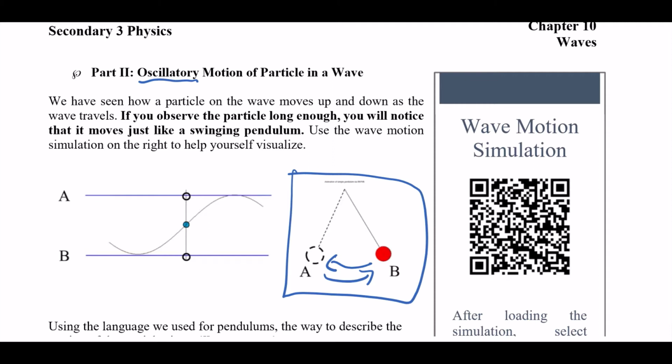Why do I say that a particle on a wave moves in the same way as a swinging pendulum? For that we have to take a look at another slide.